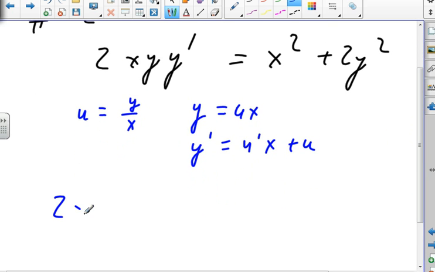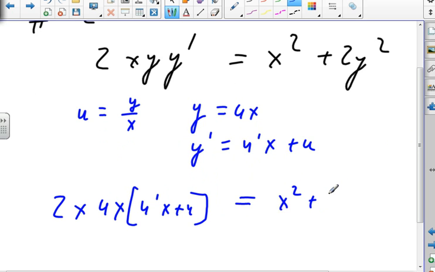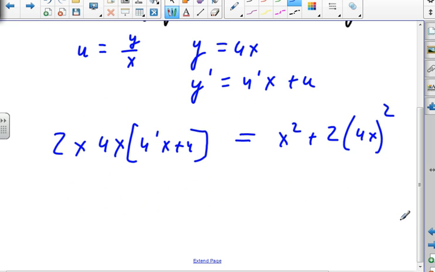I'm going to have 2x times ux, that's my y, times u prime x plus u is equal to x squared plus 2 times ux squared. All right, did I do anything wrong yet?